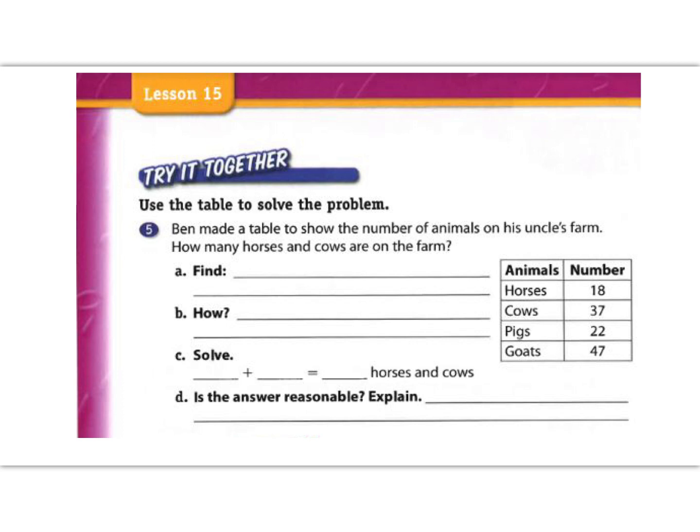Okay, so use the table to solve the problem. Ben made a table to show the number of animals on his uncle's farm. How many horses and cows are on the farm? So what do we need to find? Horses and cows. How? We're going to add it up because it says and.